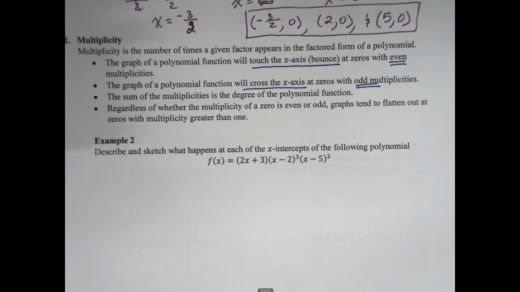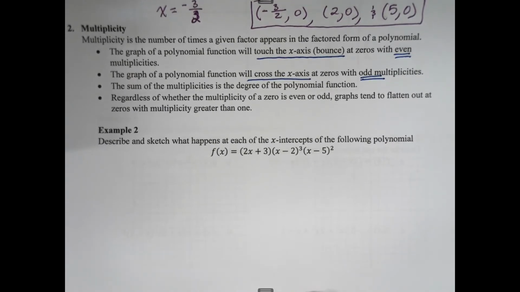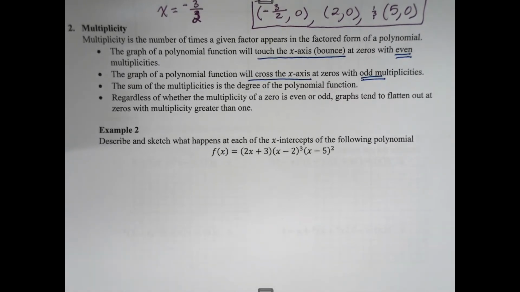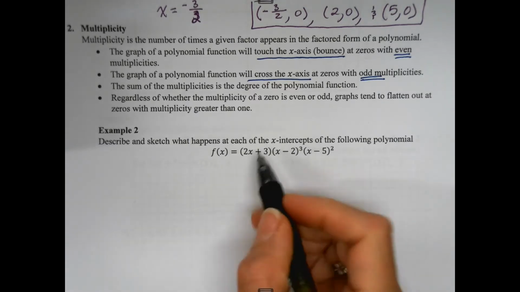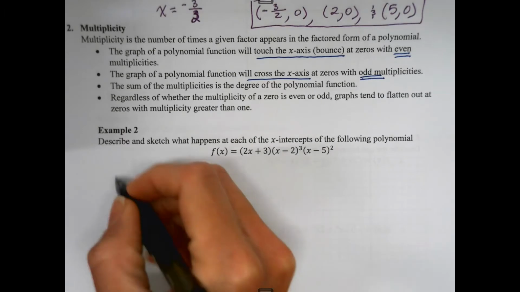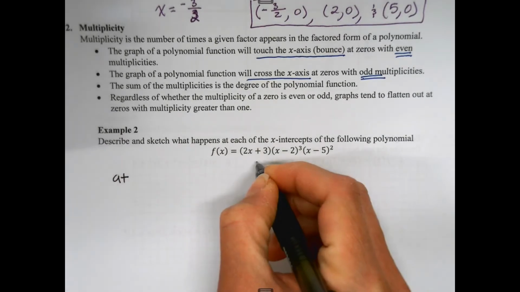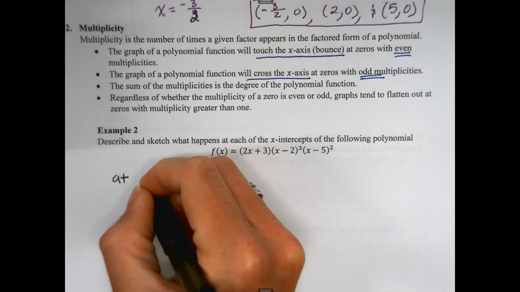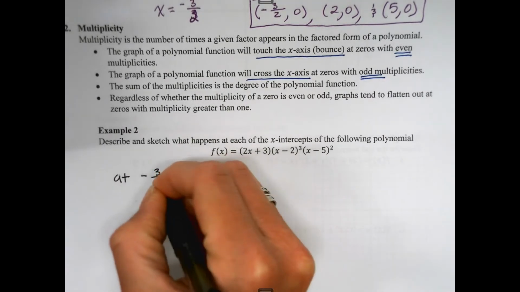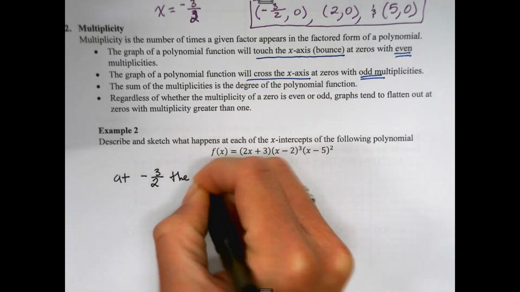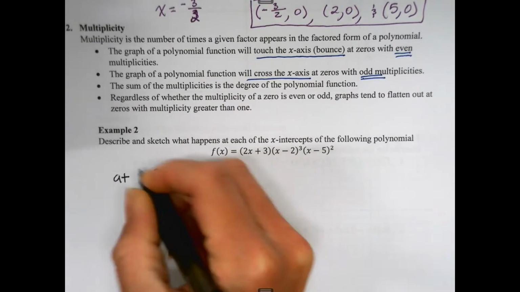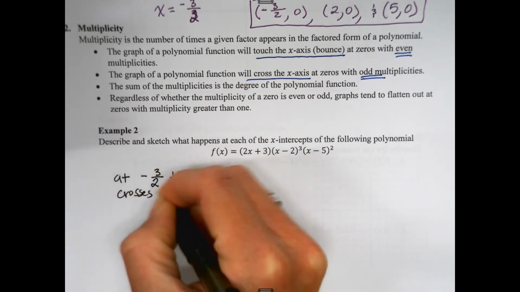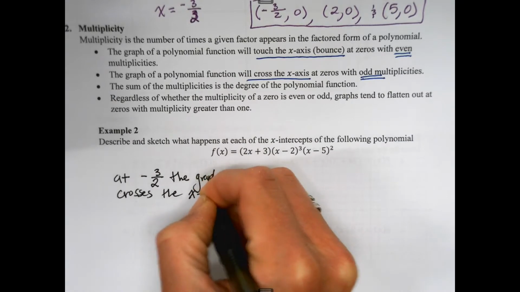So example number 2 here: describe and sketch what happens at each of the x-intercepts of the following polynomial. So I'm just going to focus on each little piece. At this x-intercept, which was -3/2, the graph crosses the x-axis.